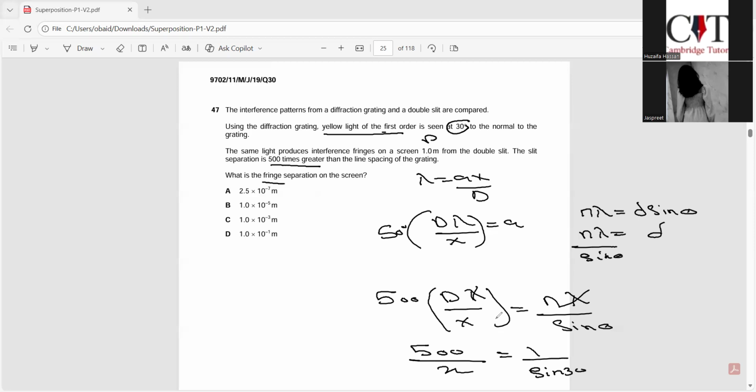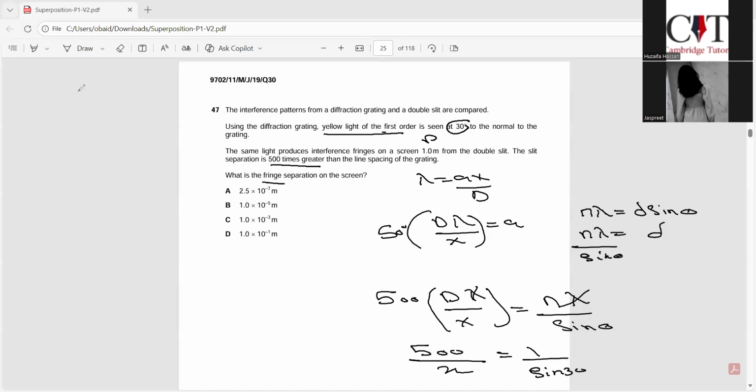So let's see what mistake we have made. The formula for fringe separation is lambda equals ax over D. We have to find x, so it would be D lambda over a equals x. For D we know it is 1. We don't know lambda.